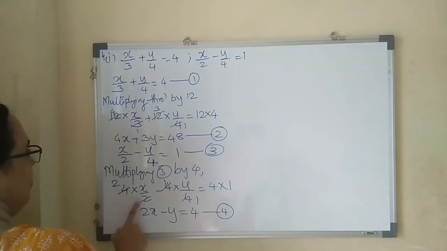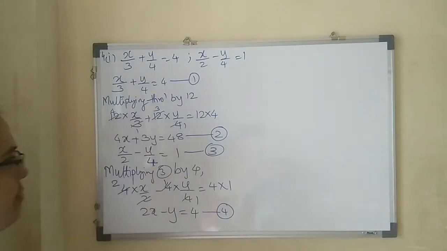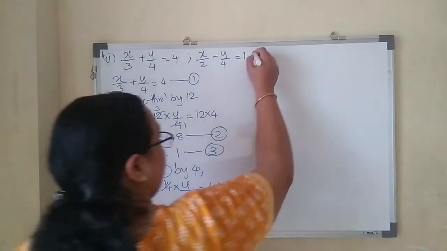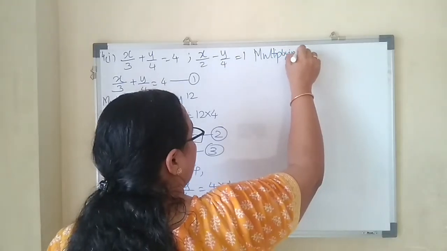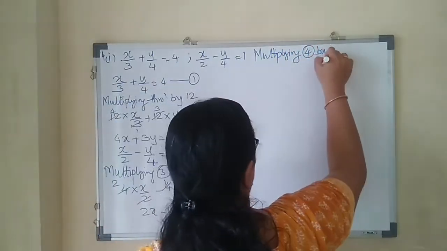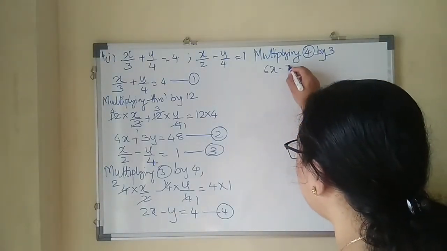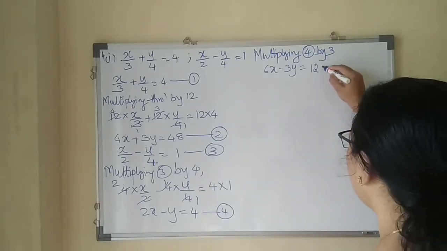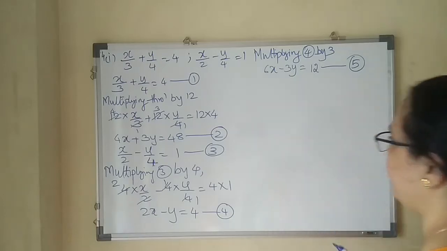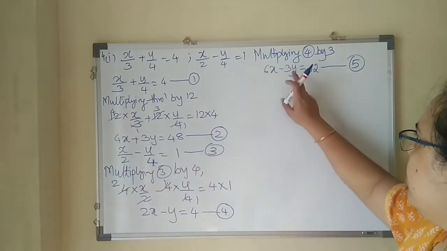In this, we can multiply the fourth equation by 3, bringing it as minus 3y. Then we can add the two equations. So multiplying equation 4 by 3, what do we get? 6x minus 3y equals 3 fours are 12. Equation 5. No longer do we look at the fourth equation; now we look only at the second and the fifth.